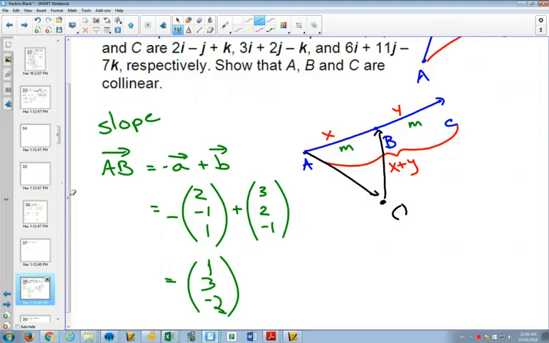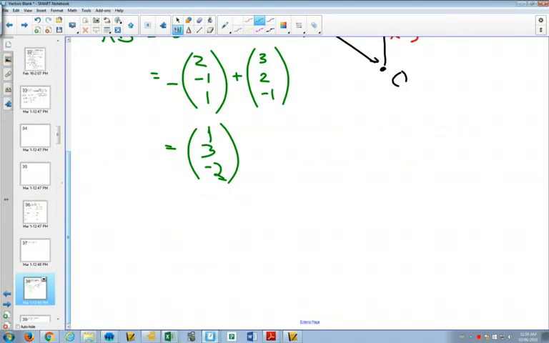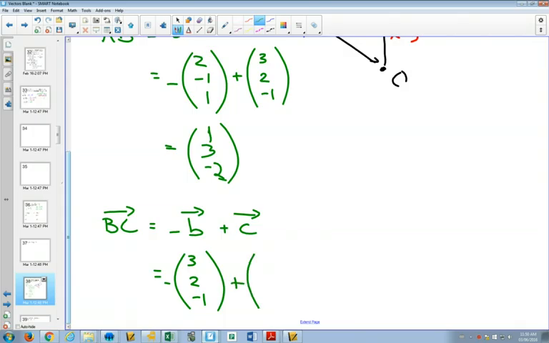But that's the idea. Now, if we go from B to C, well, we would go negative B, go back from B to O, and then go to C. Negative B would be negative 3, 2, negative 1, plus, and C is 6, 11, negative 7.